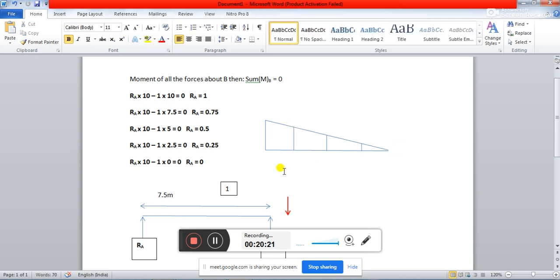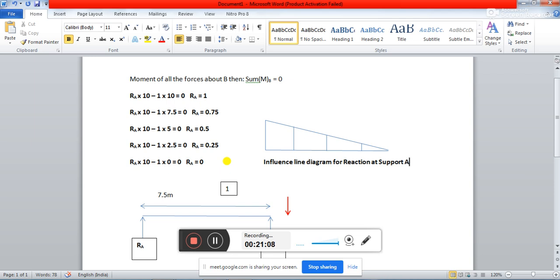If I write it over here, this diagram will be called the influence line diagram for reaction at support A. Because you will have to find the influence line diagram for a specified position, and in this case the specified position is the point A, and the quantity for which you want to find the influence line diagram is the reaction at that position, that is A. So have you understood this concept?